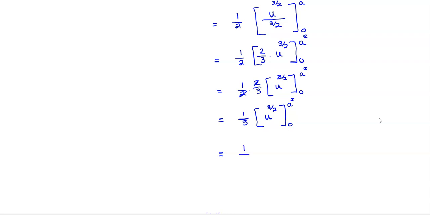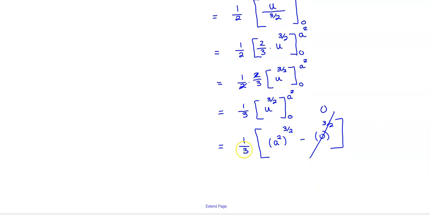So we have 1/3. We're going to plug in a squared for u, so we have a squared to the power of 3/2 minus 0 to the power of 3/2. Now we know this is going to give us 0. So now we're going to have 1/3. We're going to rewrite this as a radical.